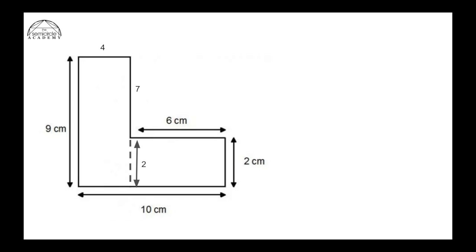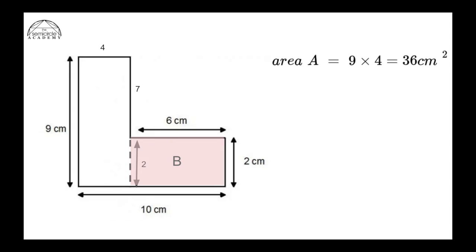So we can see here that we have 2 rectangles. This is the rectangle A. And the area of the rectangle A is 9 times 4. You can see we worked out that side to be 4. Right? So 9 times 4, which is 36 centimeters squared. So just remember, for area, the unit is always squared, right?